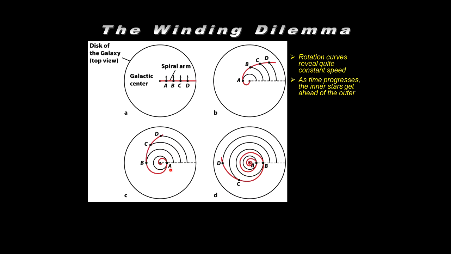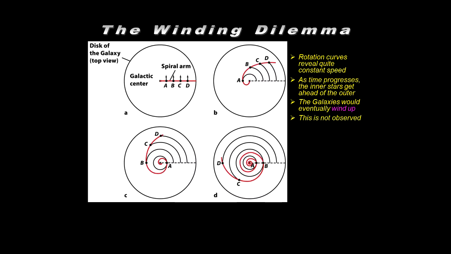So as time progresses, when A makes 1 orbit, B has got a half orbit here. And what you notice is an increase in the winding of the spiral structure itself. So it tends to wind up. Well, that's what would happen if the spiral structure was made out of fixed stars. If when we look at the spiral arms, they consist of a set of stars that's fixed with respect to time.